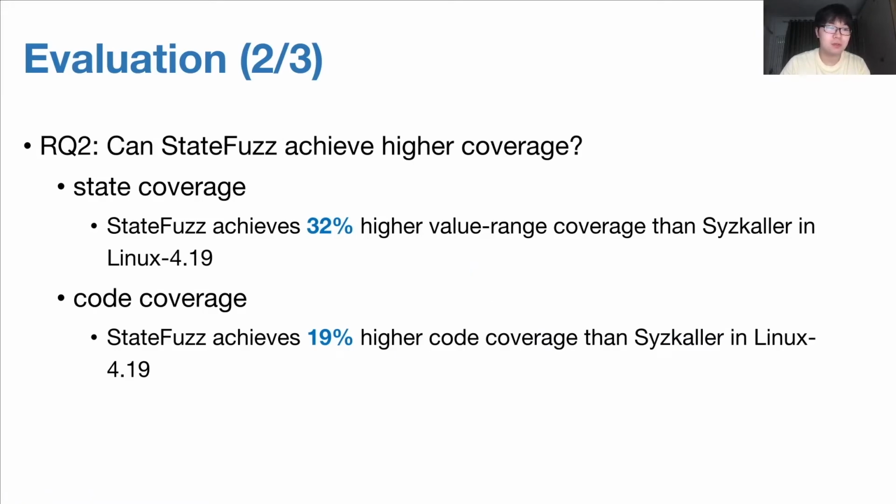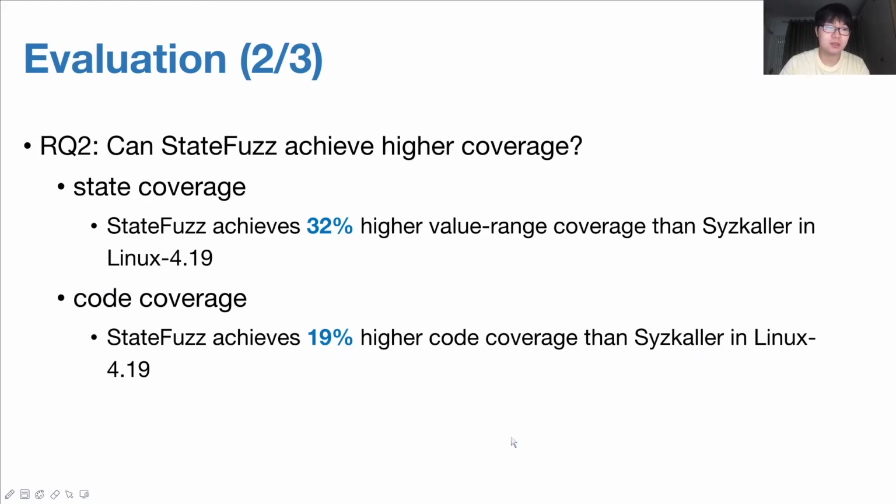Our experiments show that StateFuzz can achieve higher state coverage and code coverage. Specifically, in the Linux kernel, StateFuzz achieves 32% higher value range coverage than Syzkaller, and 19% higher code coverage than Syzkaller.